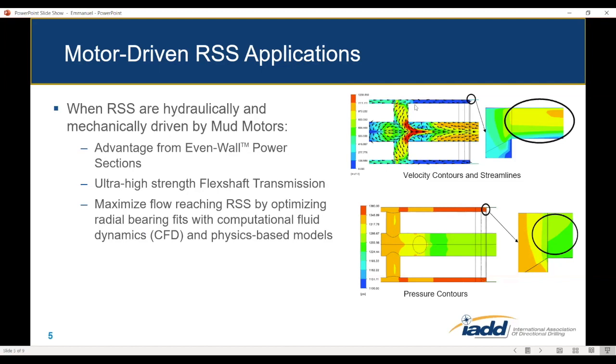We want to make sure we provide the lubrication and cooling and also generate maximum flow at the bit for the customer. So a lot of studies have been going into this with computational fluid dynamics, CFD, and also some physics-based models to help customers.